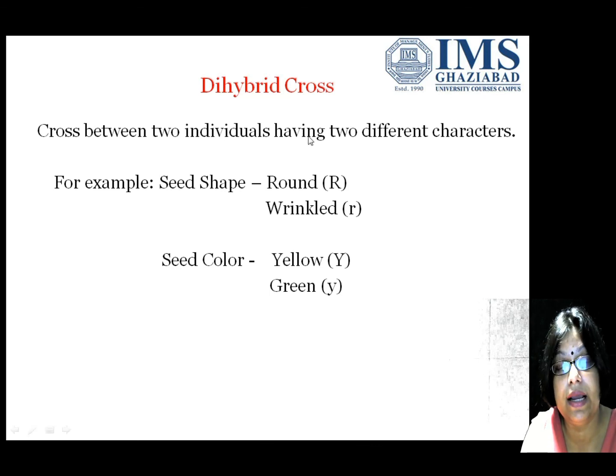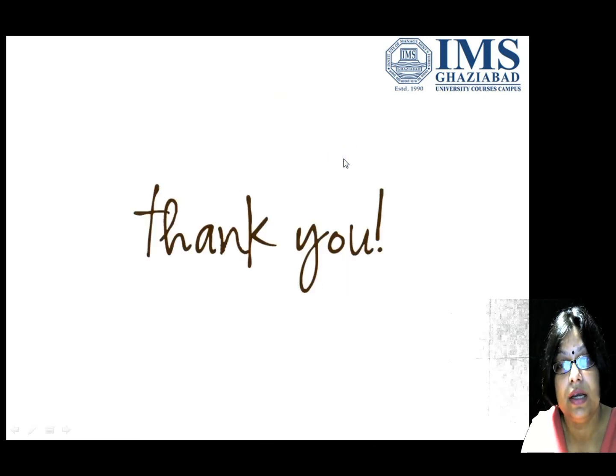Then this is called a dihybrid cross. I hope these terms will help you understand the basic concepts of genetics, and later on we will discuss some other important terms which we use in genetics.